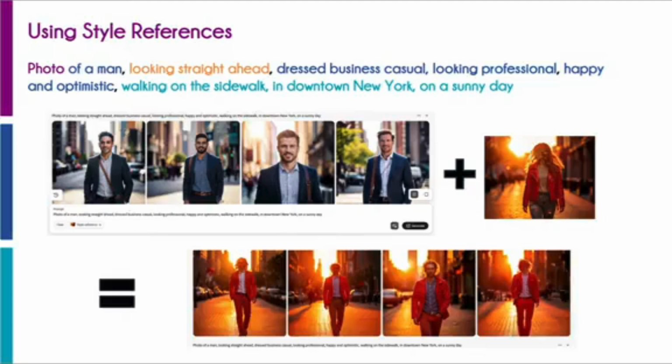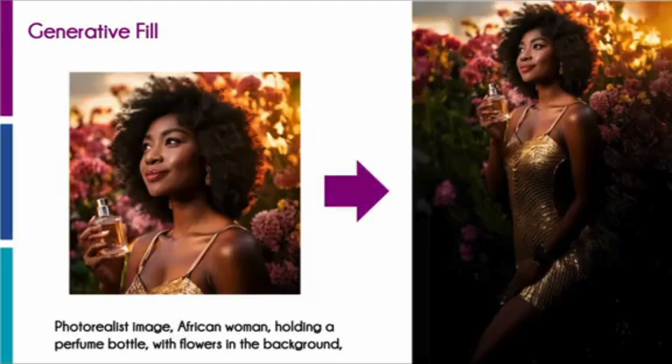All right. The next thing I wanted to mention to you is that Adobe's Firefly has generative fill. In this example, the image on the left-hand side was a photorealistic African lady using a perfume bottle, right? So you're not always going to get the same results.